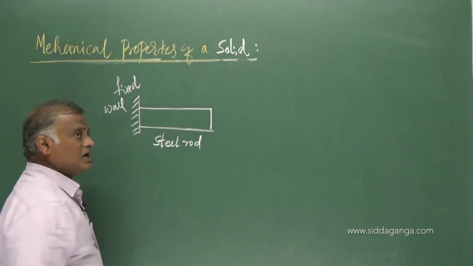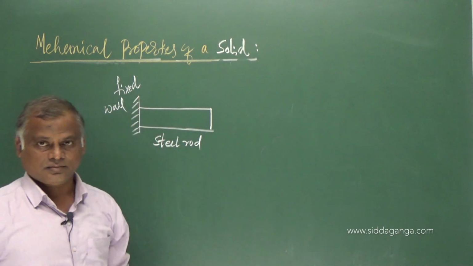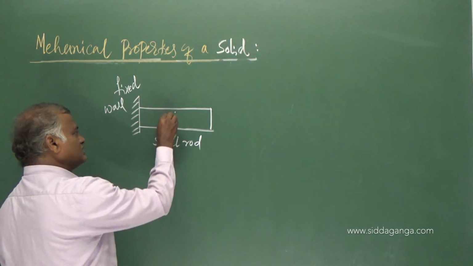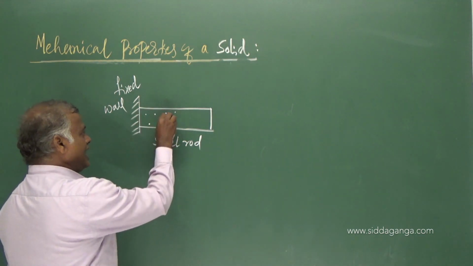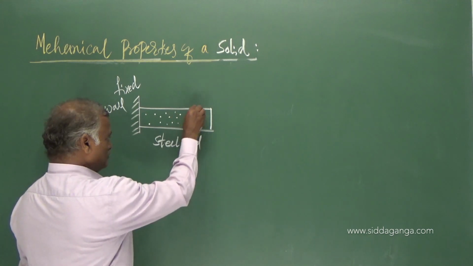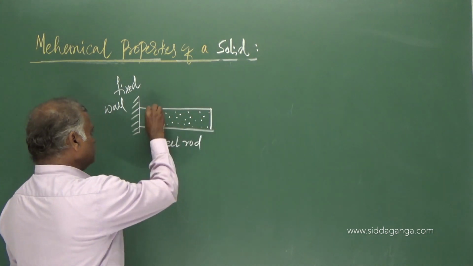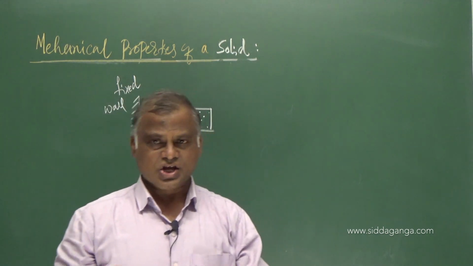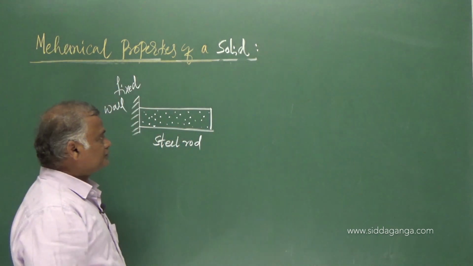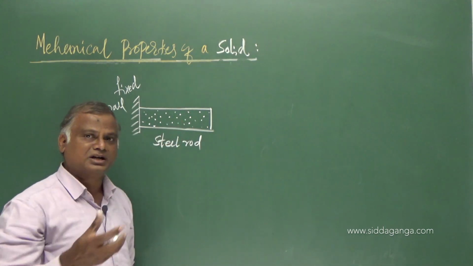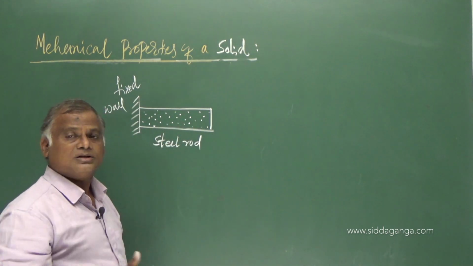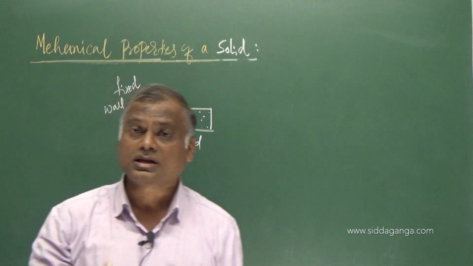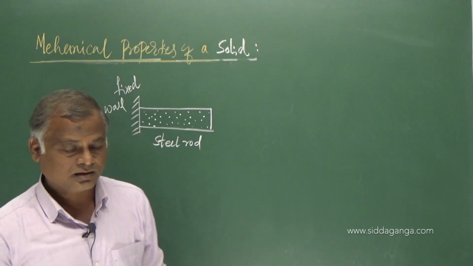This one is a steel rod, which is a solid. What does this steel rod contain? Well systematically arranged atoms. Two or more atoms make a molecule. And there is a well defined intermolecular force of attraction. Strong intermolecular force of attraction exists between the atoms.